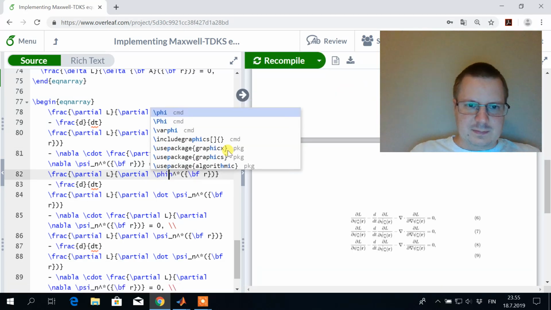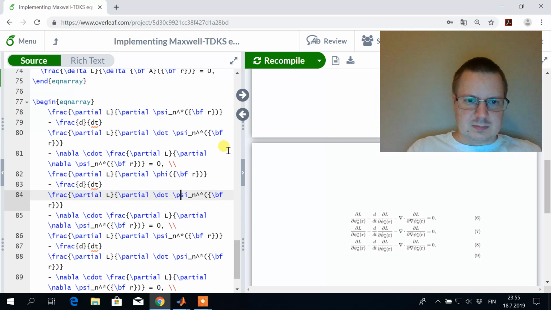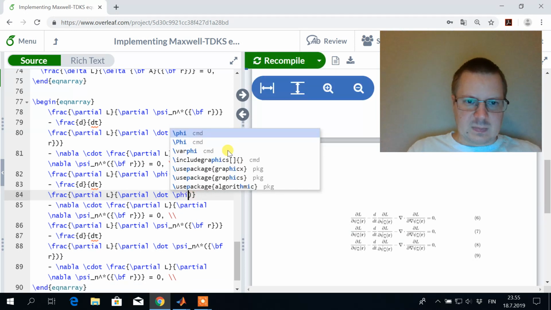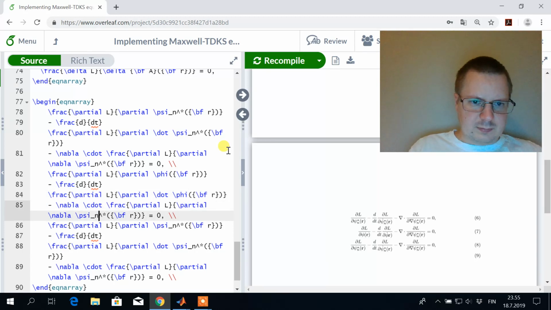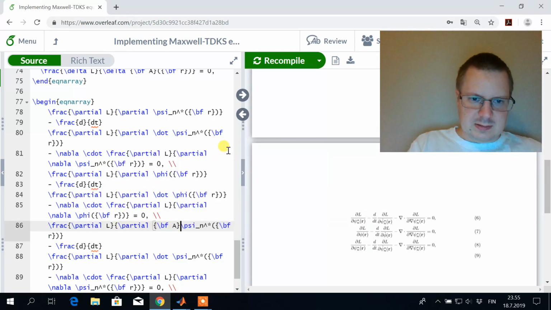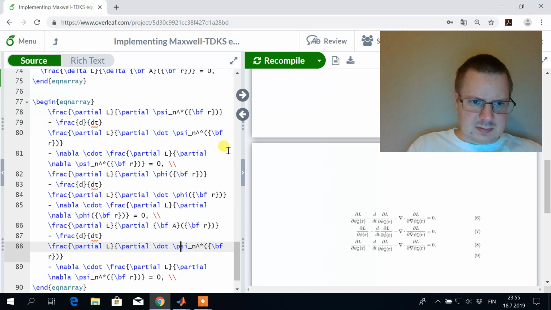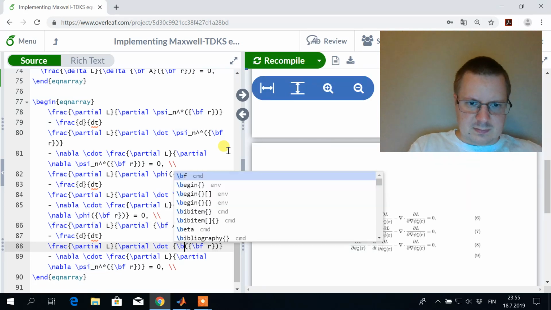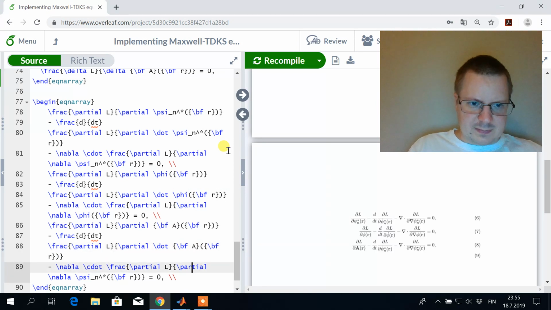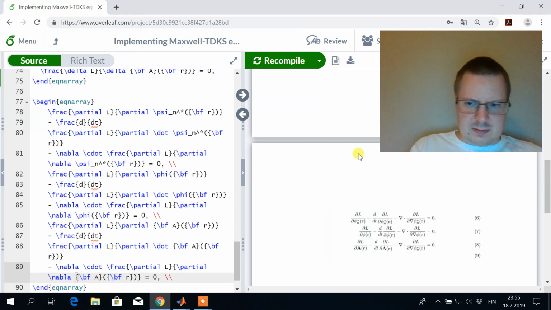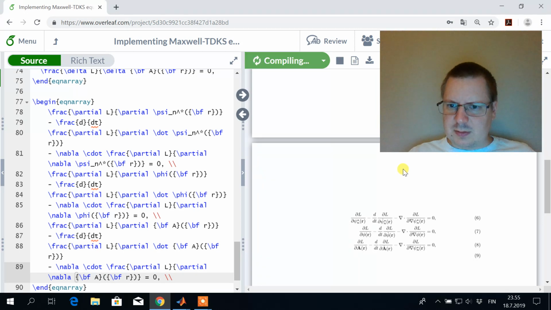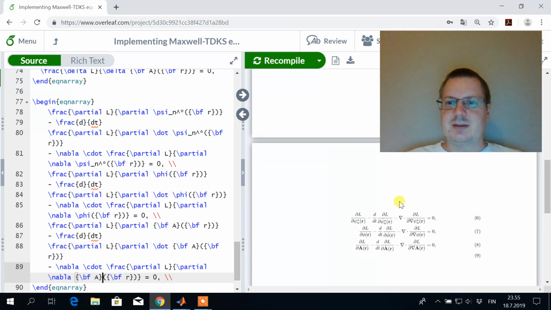So phi, and then for A, so let's see. Okay, so these are the equations of motion.